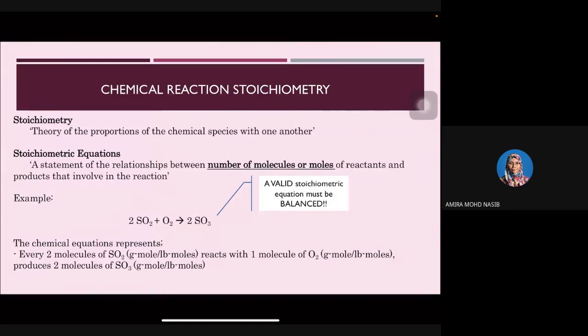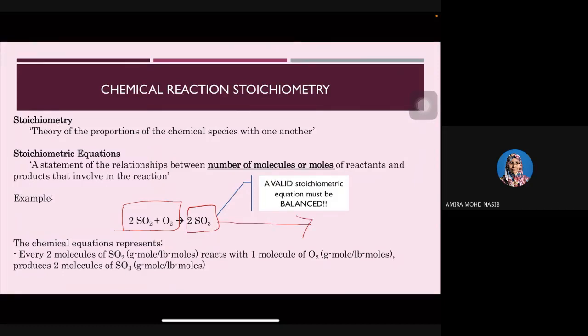we have sulfur dioxide plus oxygen equals sulfur trioxide. So this is a balanced stoichiometric equation, because you can balance between your left hand side and your right hand side.